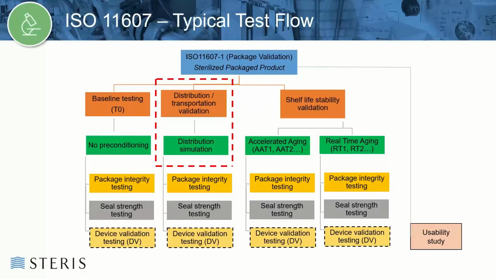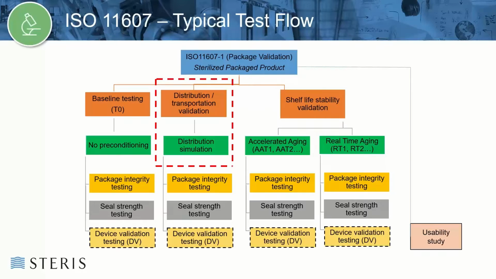So before you get to this point, you need to make sure that you've proven that your packaging is sterilizable by the sterilization modality that you've chosen, whether it's ethylene oxide or radiation method or steam. Your packaging as well as your product needs to make sure that it withstands those sterilization modalities.